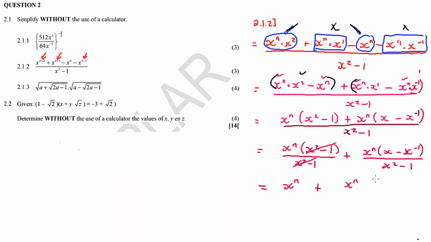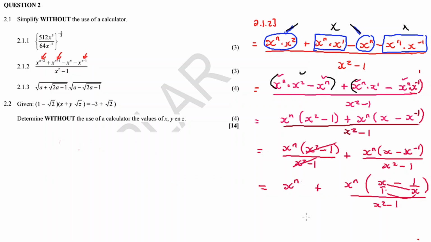But what we can do is actually do this: x minus 1 over x. Then do the butterfly thingy, if we are just finding the LCM. After finding the LCM inside this bracket, then multiply this term, divide by the LCM. In this case, the LCM is just x, or we can do the butterfly and say x times x gives us an x squared, 1 times 1 gives us a 1, and then divide by x times 1.